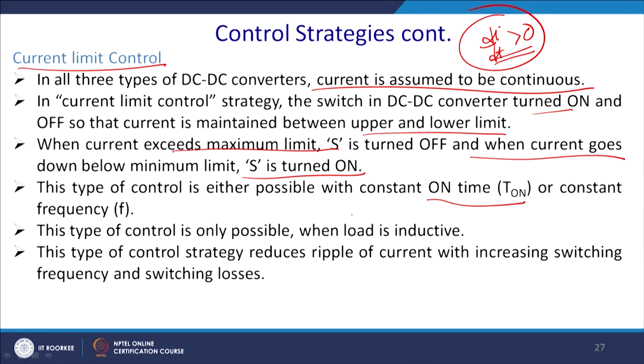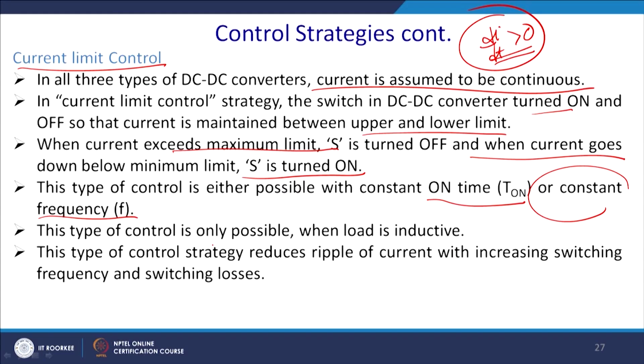This type of control is possible with either constant T on or constant frequency. We can do either of them, but generally we will prefer constant frequency, so we will have ease of designing the components as well as the choice of the switches. This type of control is possible when the load is inductive.